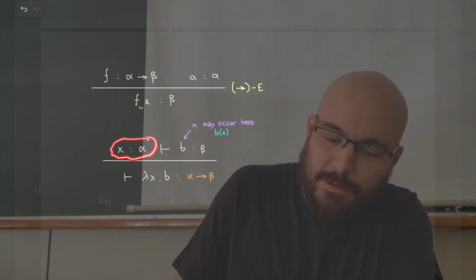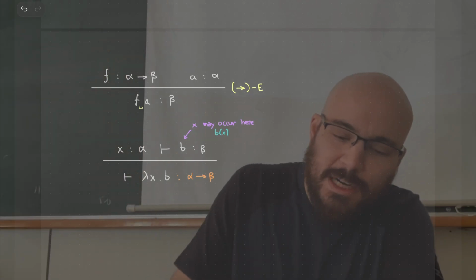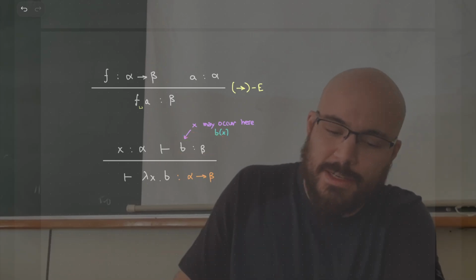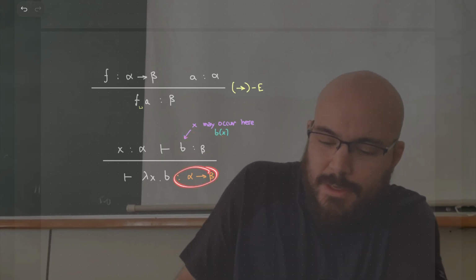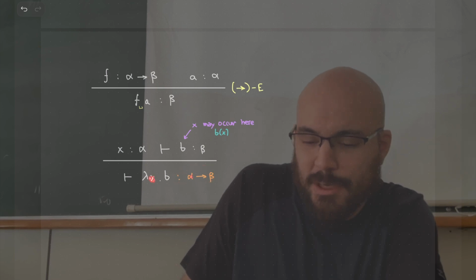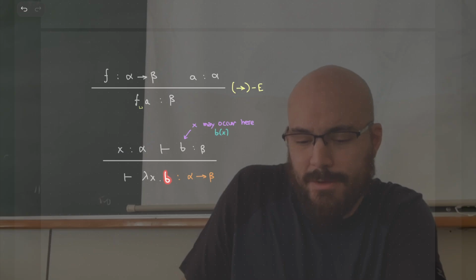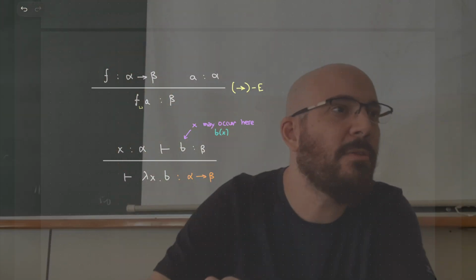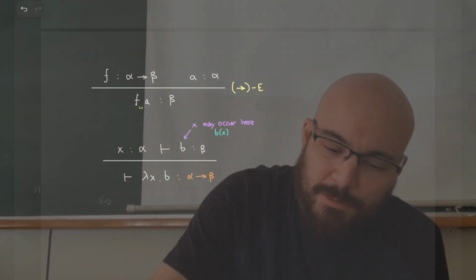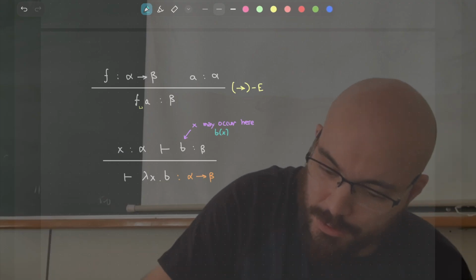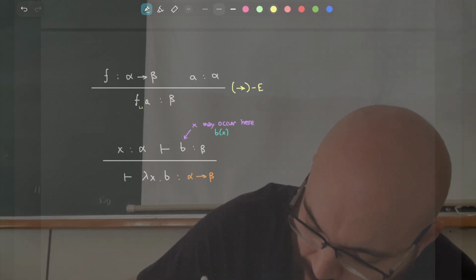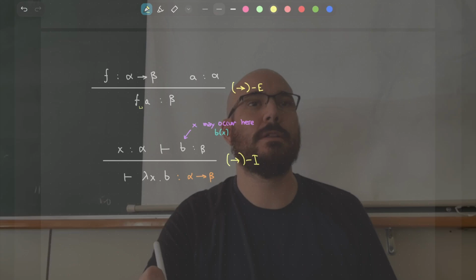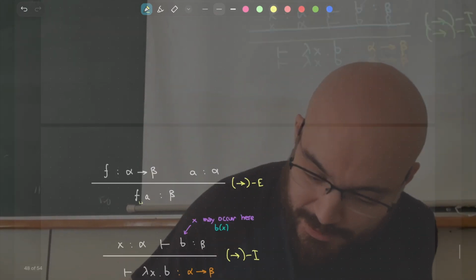If I have in my context a variable x of type alpha, and with this I can produce a b, then in effect I have a function. Which function? The one that takes something of type alpha and gives me back b, substituting all the occurrences with the input. I felt I didn't have the right to create a function without mentioning this. Any questions about this? Okay, so it makes some sense.